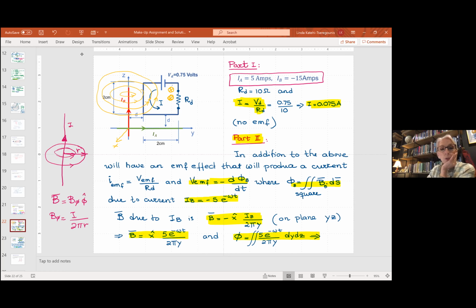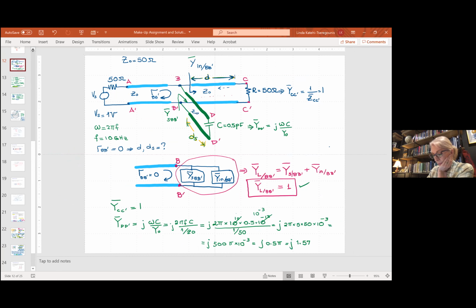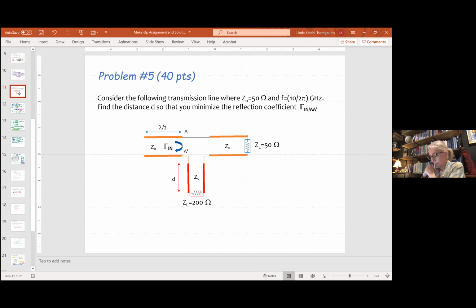We move now to another problem. This problem shows the following. It's a transmission line problem.